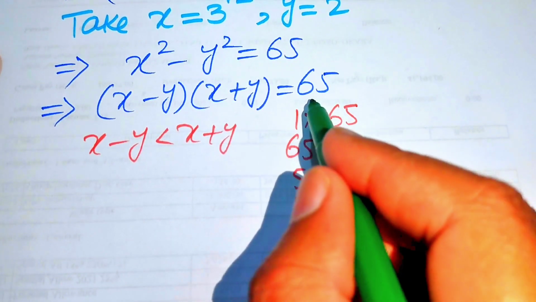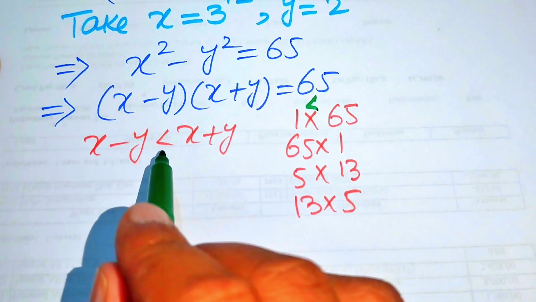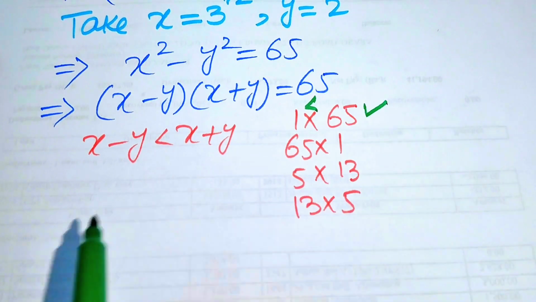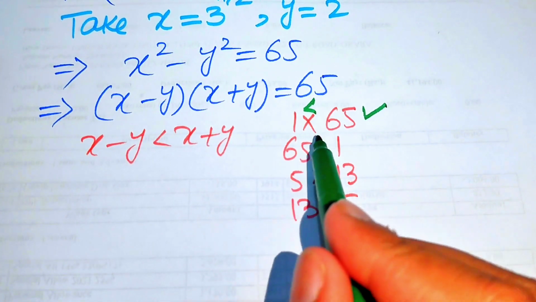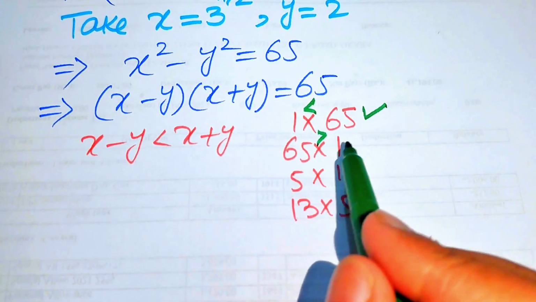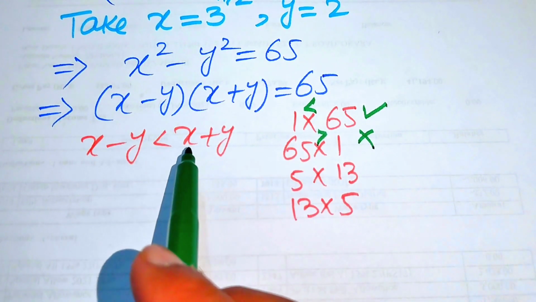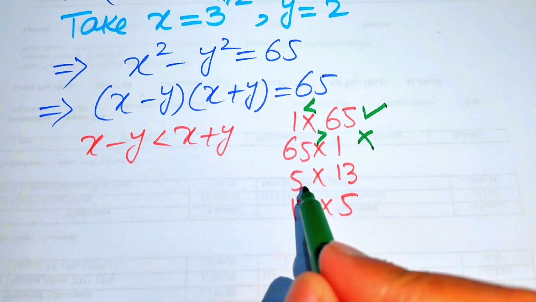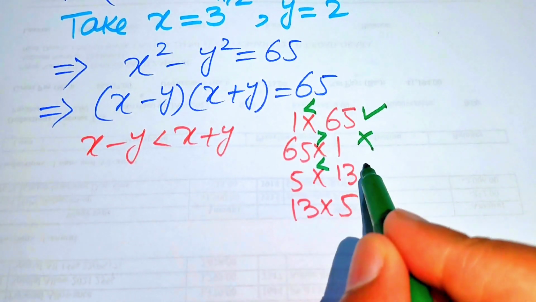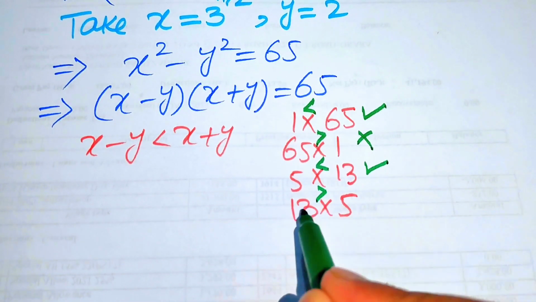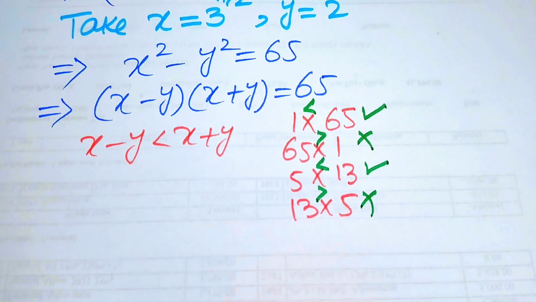Here 1 is less than 65, it satisfies this condition, so we choose this case. 65 is greater than 1, so we reject this case because the first factor must always be less than the second factor. Here 5 is less than 13, so we choose this pair, and 13 is greater than 5, so we reject this pair.